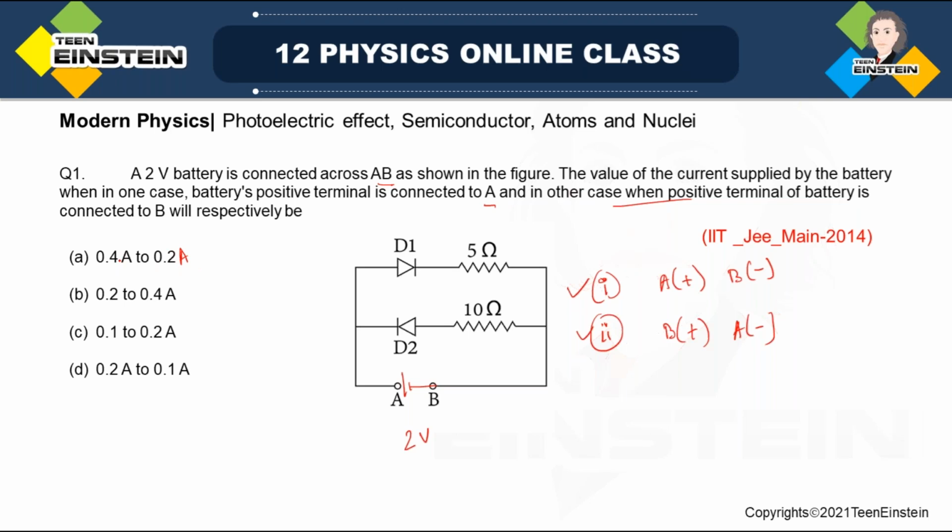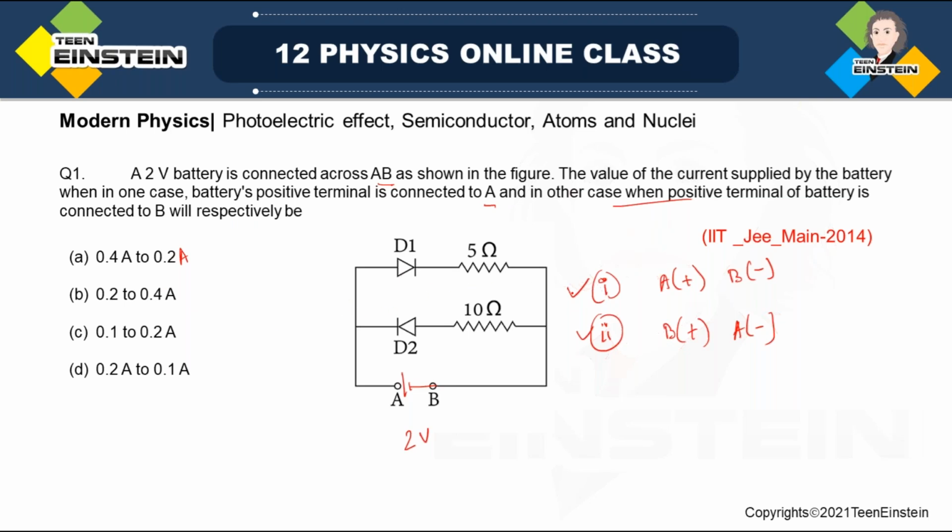That means in first case, when A is positive, that time it is 4.5 ampere, and when the battery was reversed, that means battery positive terminal was connected to B, that time the current in the circuit was flowing at 0.2. So like that you can read all the other options also. So here you have to find out which one is the correct option here.